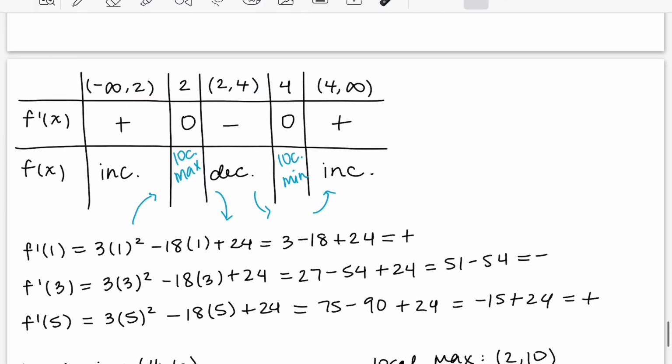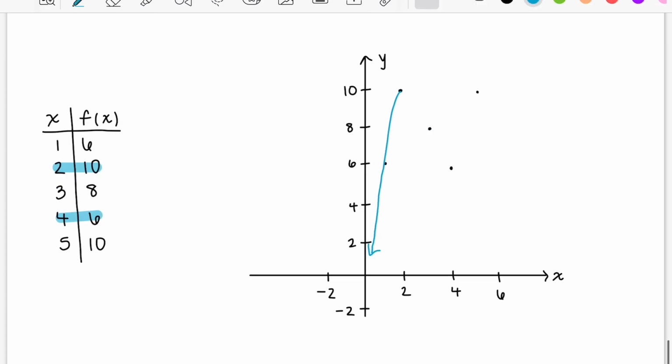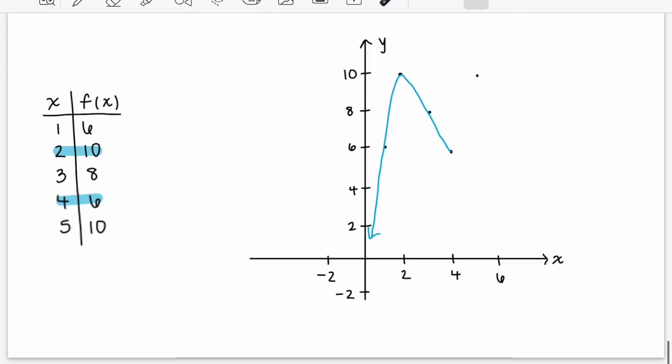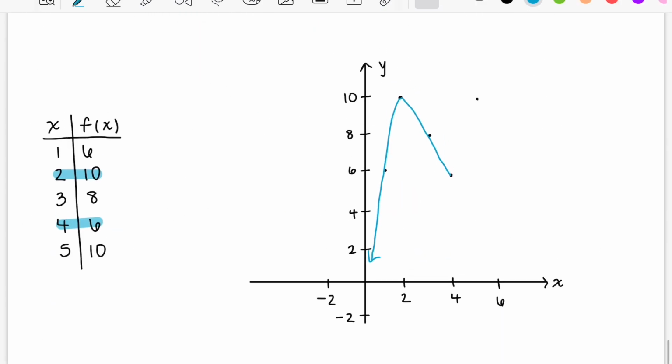Then we know from 2 to 4 our function is going to be decreasing, so it's going to look something like this. And then from 4 to infinity our function's increasing, so it looks like this, all the way to infinity.